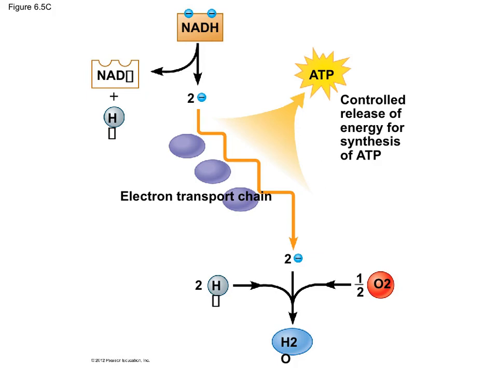The way that it is represented in your book is like this. Remember that NADH is carrying one hydrogen and two electrons, and that's the very first carrier right here. But the two electrons are going to get dropped off to the second carrier.